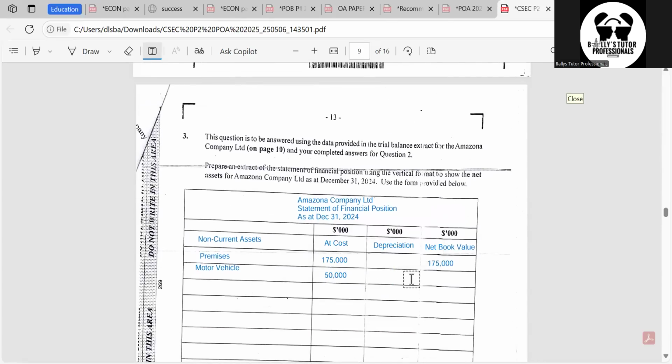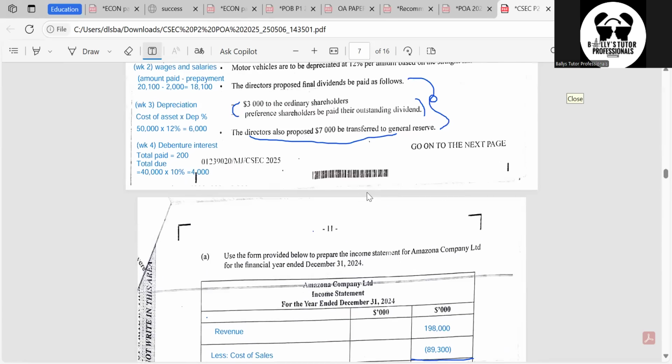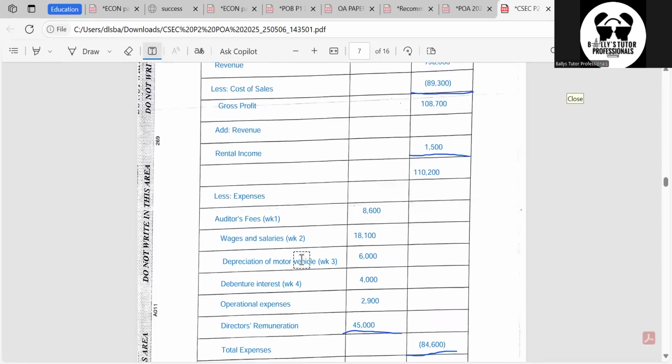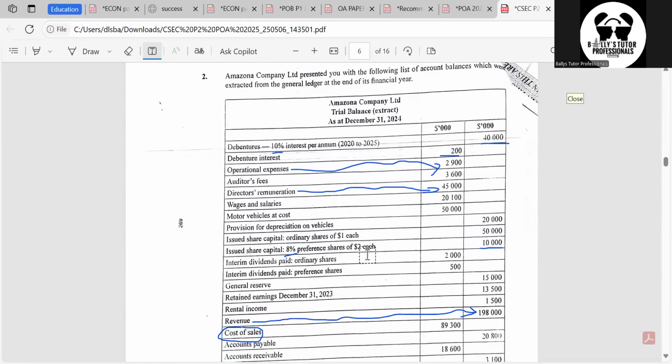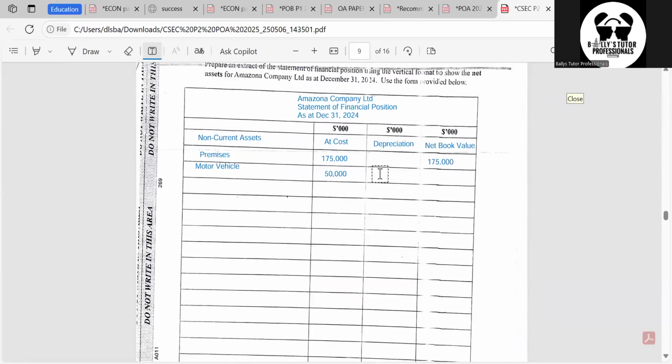And then your depreciation will be all your depreciation combined for your motor vehicle. So we had depreciation for motor vehicle of 6,000. And then in our provision for depreciation, we had 20,000 for motor vehicle. So our total depreciation will be the 6,000 we calculated before, plus the 20,000 from prior years. So in total, the depreciation will be 26,000.